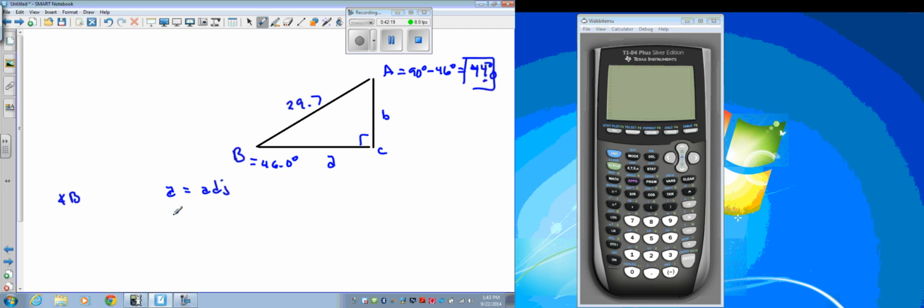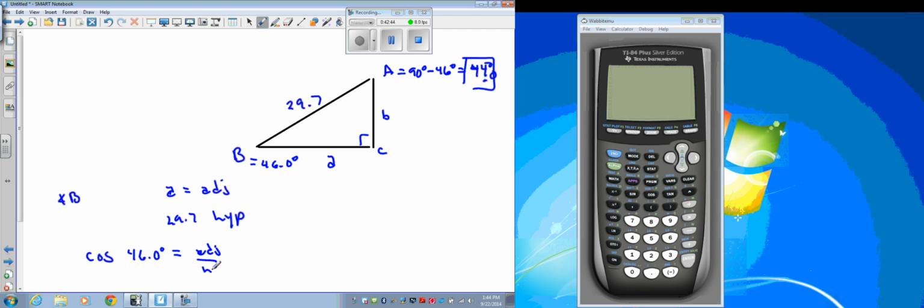And 29.7 is the hypotenuse. So what trig function am I going to use? Cosine. I'm going to use cosine of 46.0, and it's adjacent over hypotenuse.